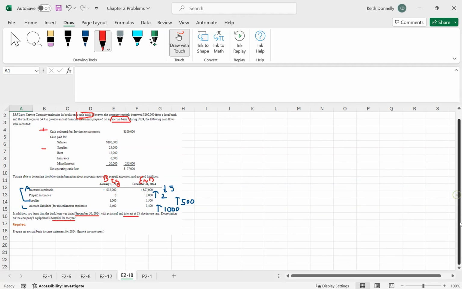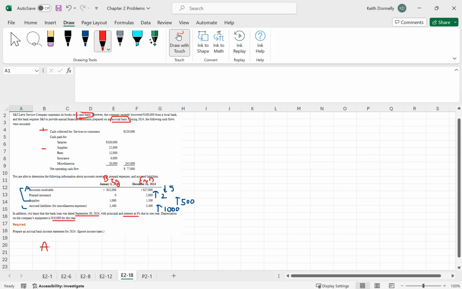Okay, and the other thing, just to keep this consistent with the PowerPoint, if you look at the slide in there, you can reference it to help you. Remember, we said when you convert from cash to accrual, you can use those T accounts to help you.